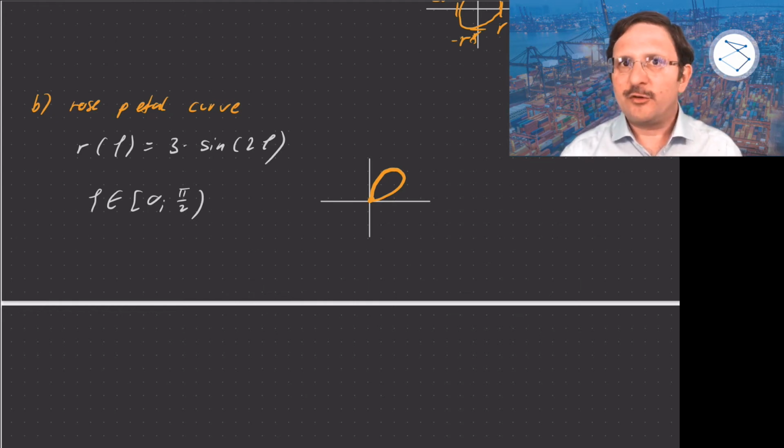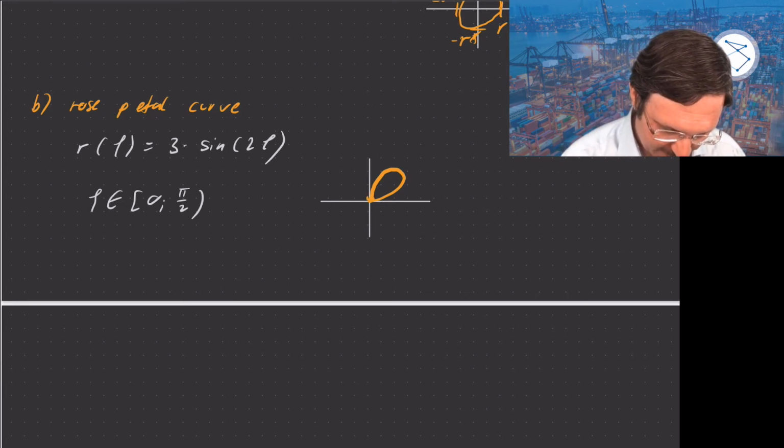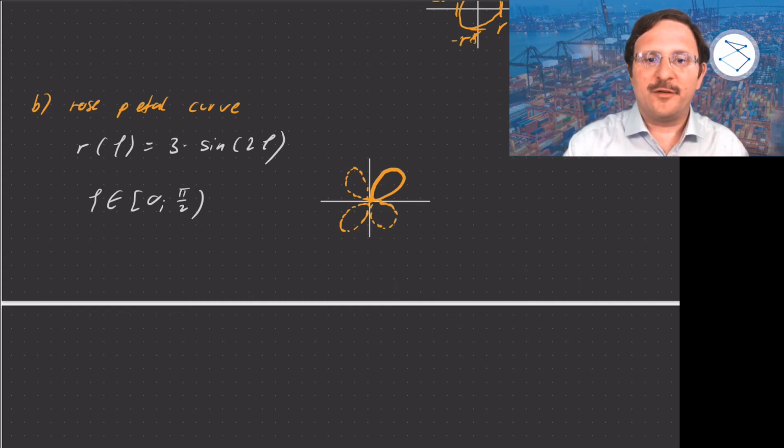And that's where the name rose petal curve comes from. So it's part of a petal of a flower. And if you draw the same curves for the other parts of the plane, those would look something like that here, right? So you get a flower if you draw all of those 4 parts here.